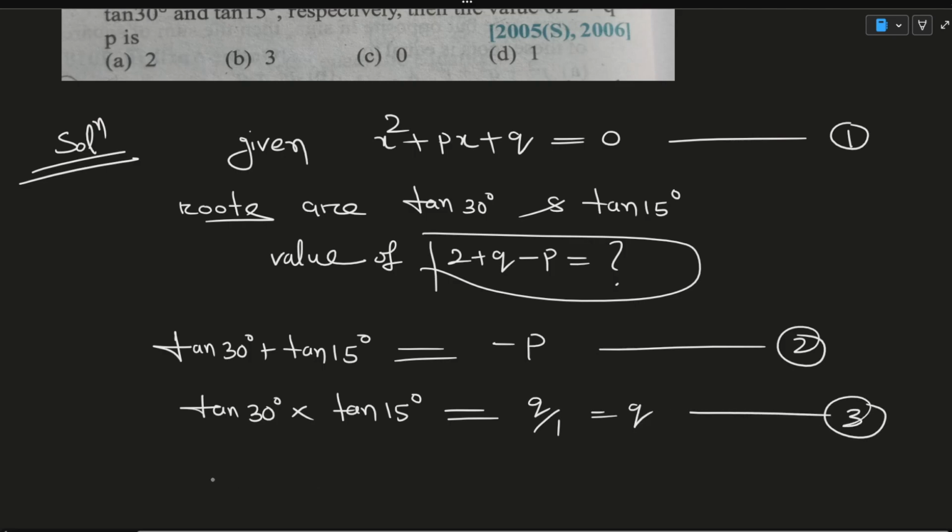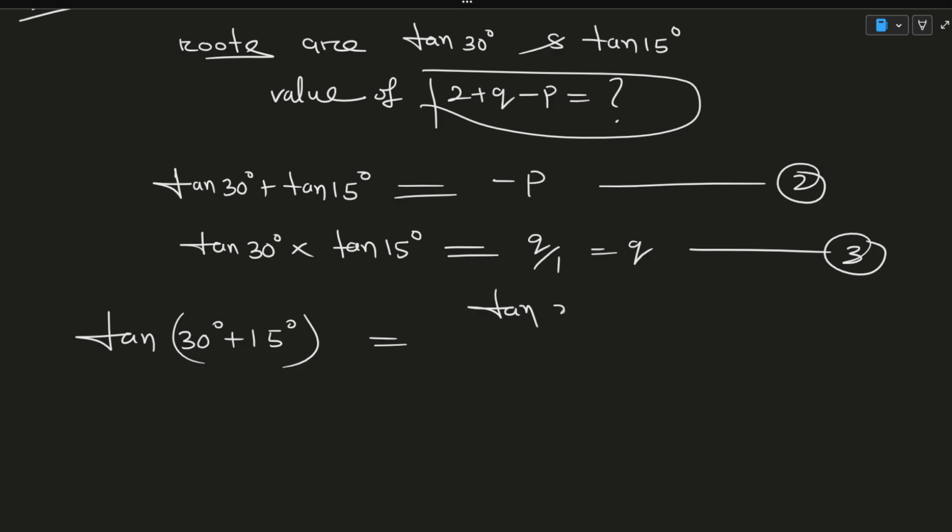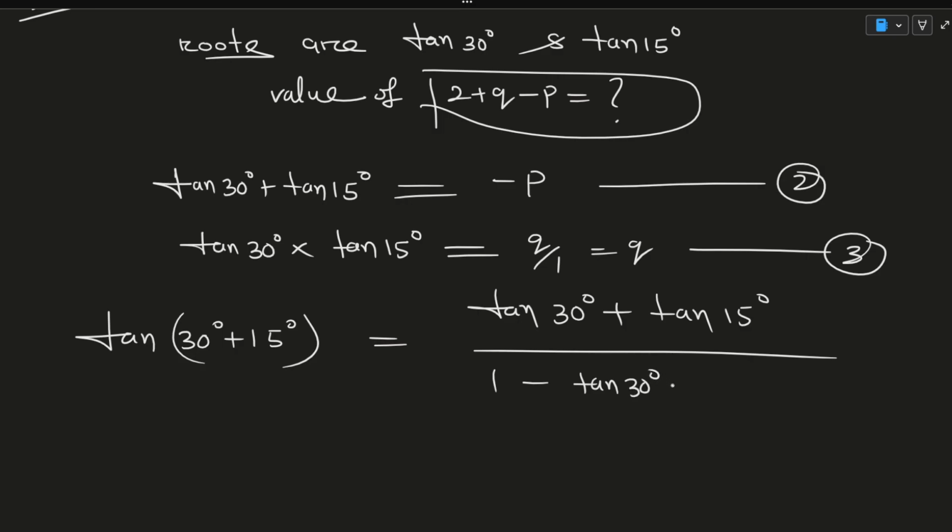Okay, right? Now I will use one formula, that is tan of 30 degree plus 15 degree is equal to tan 30 degree, that is tan A plus tan B, divided by 1 minus tan A into tan B. So it will be tan 45 degree, which is 1.